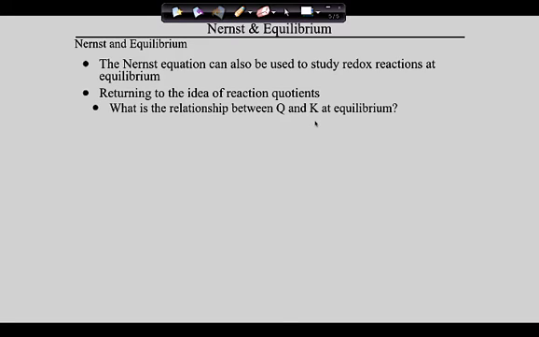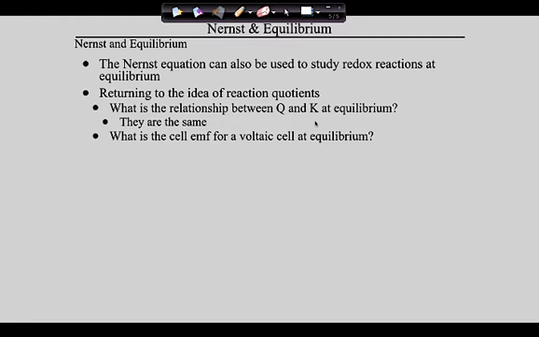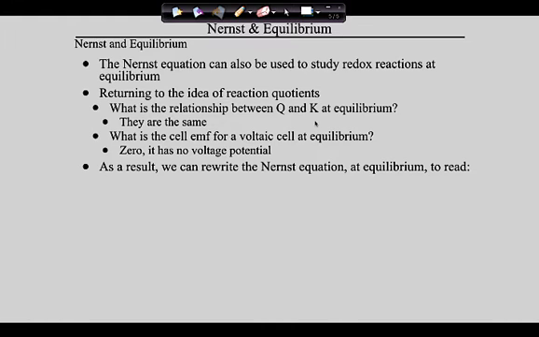They're the same, right? Because Q is K at non-equilibrium conditions, so if we're at equilibrium, Q and K are the same. Is that okay? Thought number two: what is the voltage of a cell when it's at equilibrium? 0. The battery is dead. Whether it's a battery or just a redox reaction, at equilibrium, there is no voltage. Good? Now, guys, watch what we can do.